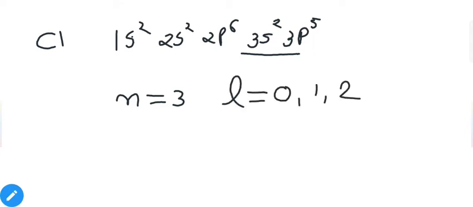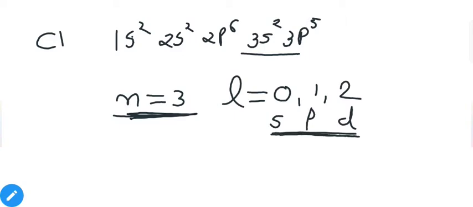That means we know that if the principal quantum number n is equal to 3, then you will get 3 possible values of L, which are 0, 1 and 2. So 0 represents the s orbital, 1 represents the p orbital and 2 represents the d orbital. So for n equal to 3, all of these will be present in the same atom.